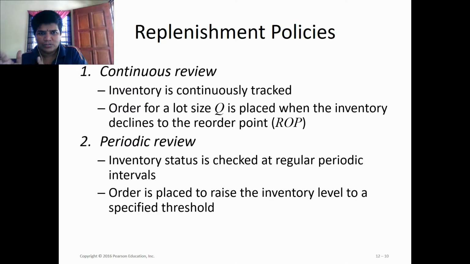That is continuous review. In periodic review, inventory status is checked at regular periodic intervals, and an order is placed to raise the inventory level to a specified threshold. So one is continuous review and one is periodic review. It depends on the nature of the product actually.